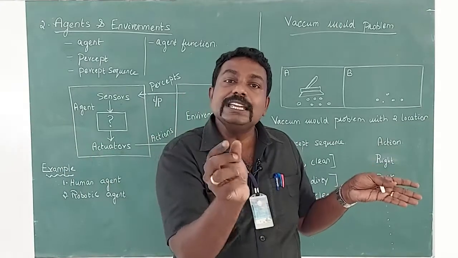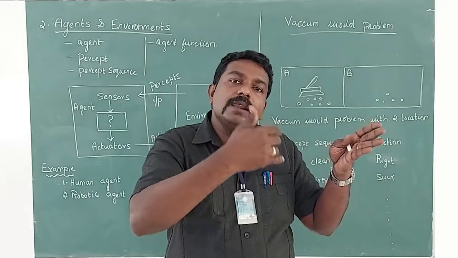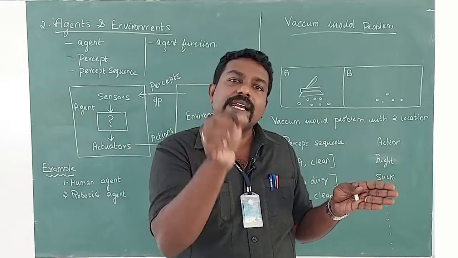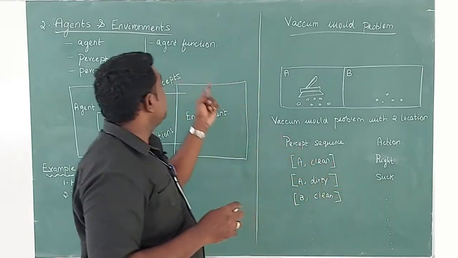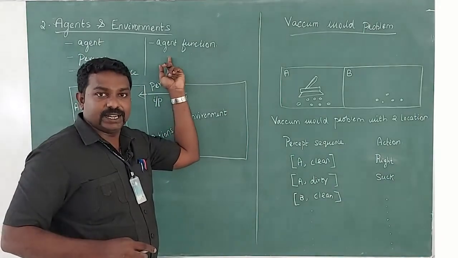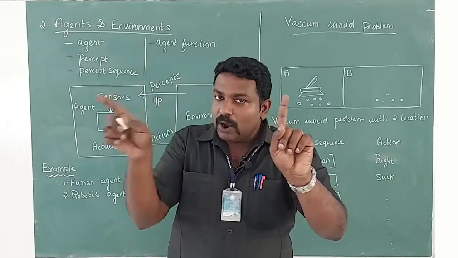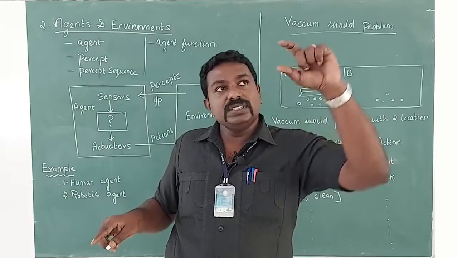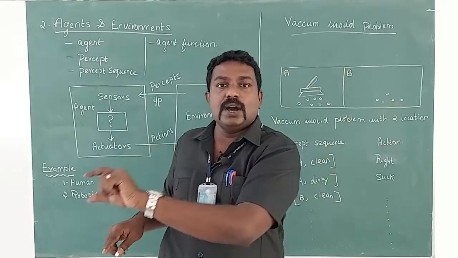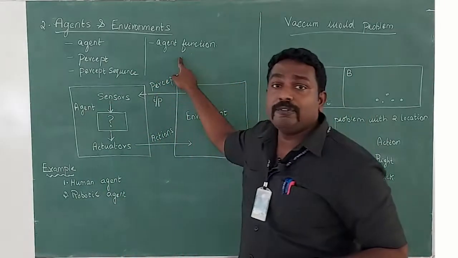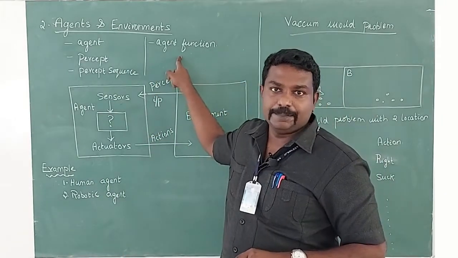So for a single input, there are many possible outputs. Choosing the correct output is done with the help of the agent function. Are you clear? Input is one, possible outputs are more. So for this input, this is the output. This mapping is done with the help of the agent function.